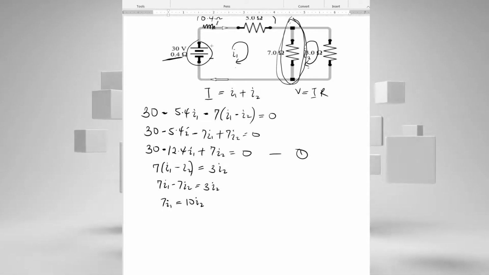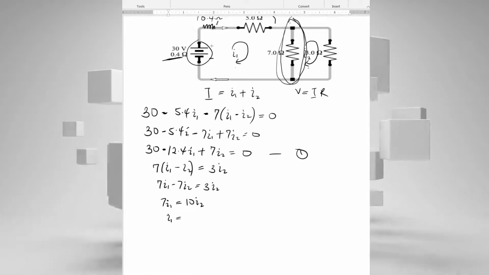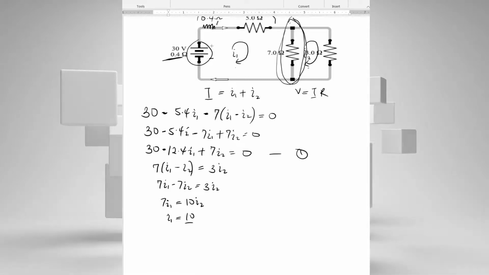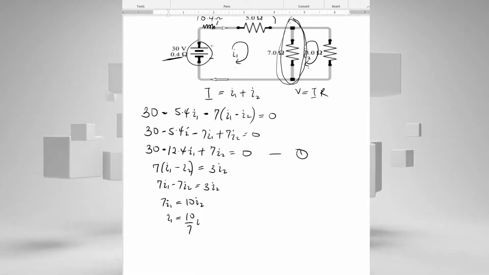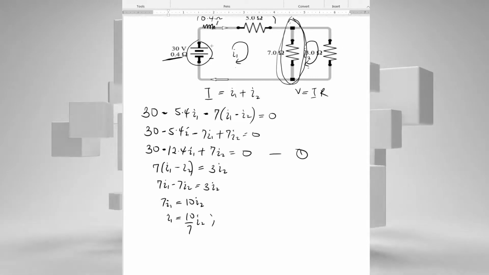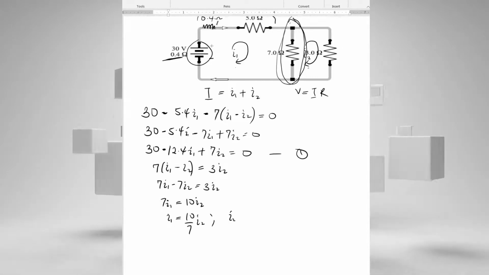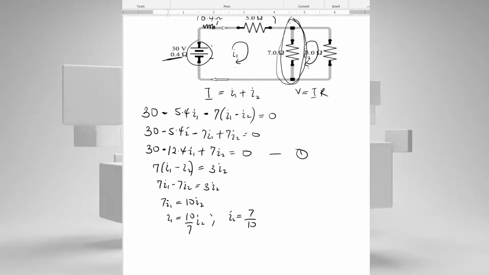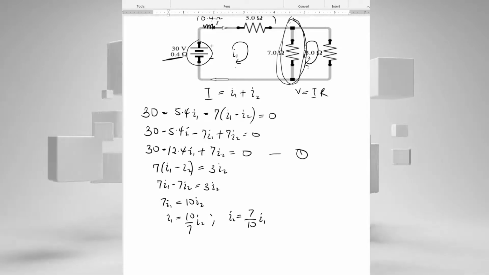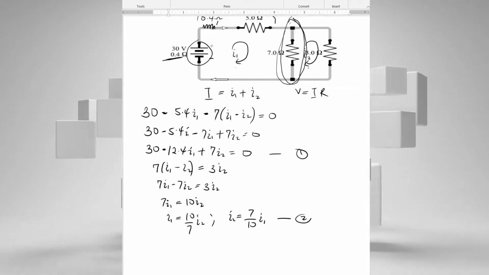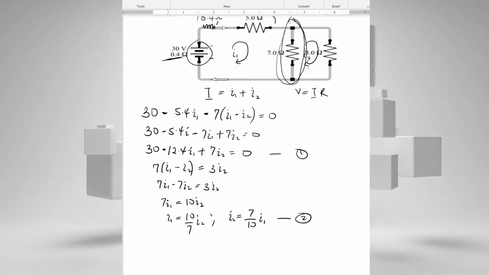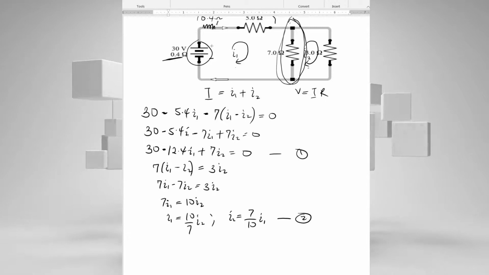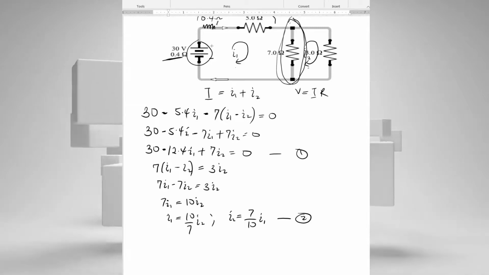So that I1 will be equal to 10 over 7 I2, or I can say that I2 is equal to 7 over 10 I1. Let me call this equation 2. So we're going to be substituting equation 2 into equation 1.